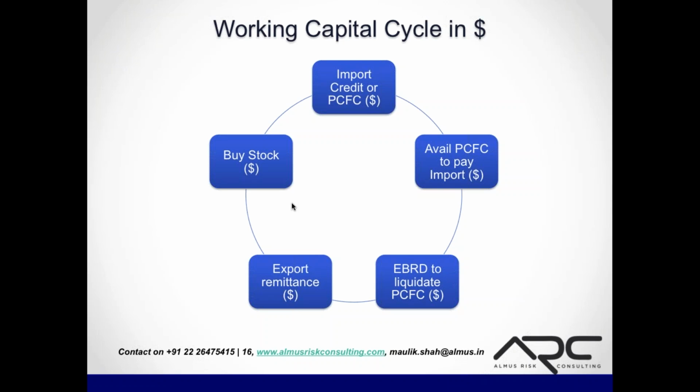Then you will manufacture the goods and keep the goods ready. Now the stock lying with you is in dollars, and then you will sell it to your overseas customer. That is again a dollar asset that you are creating. You will use that to liquidate your PCFC, even that is in dollars. Then the ultimate realization will happen from your overseas customer, which is also in dollars. So as soon as you get the dollars, you liquidate your liability.